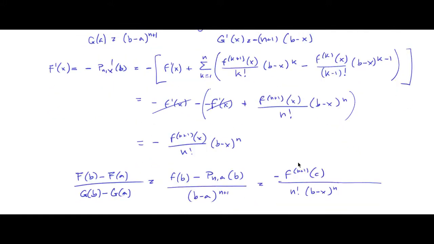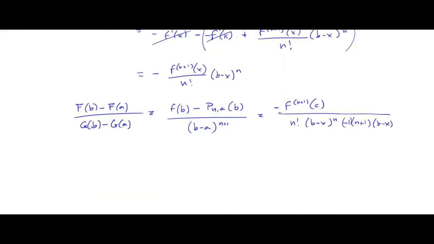wait a minute, this is going to be, yes, so minus, right, minus (n plus 1) times (b minus x) to the n, evaluated at c. So this is the (n plus 1)th derivative of f at c times (b minus c) to the n, yes.